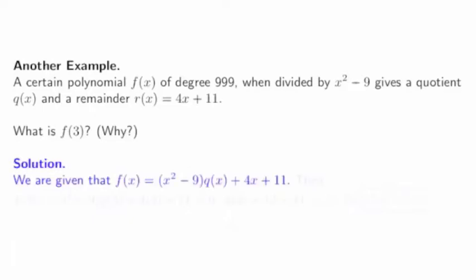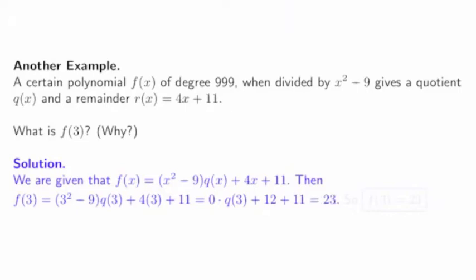If I write f of x as x squared minus 9 times some unknown quotient plus this remainder 4x plus 11, then when I plug in 3 for x, I get 3 squared minus 9 in front times the quotient at 3 plus 4 times 3 plus 11, but 3 squared minus 9 is 0, so I have 0 times that quotient, plus 12 plus 11, which is 23, so my answer is 23.